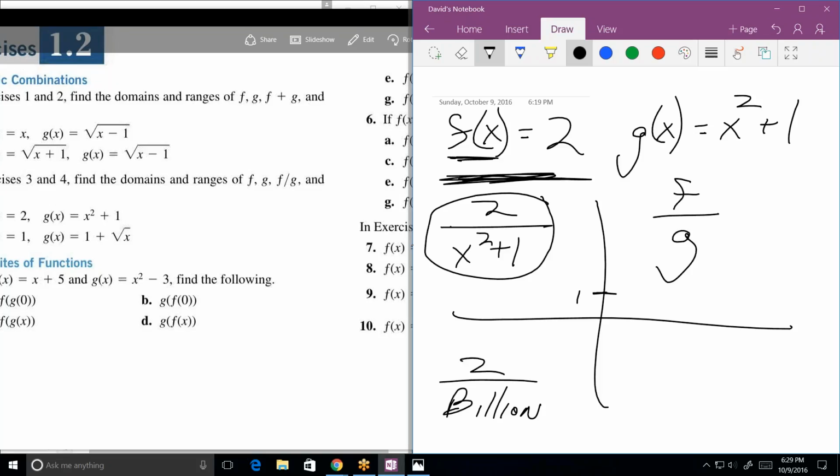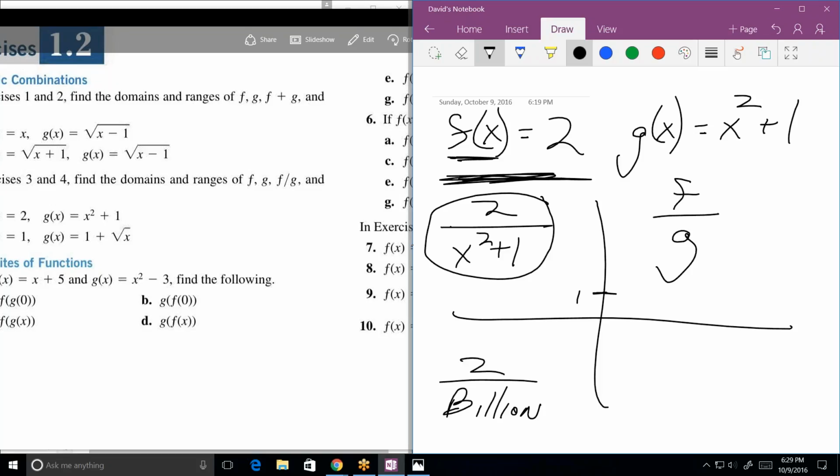What's the largest it can be? Infinity? Can it be 2? Yes it can. Can it be 3?